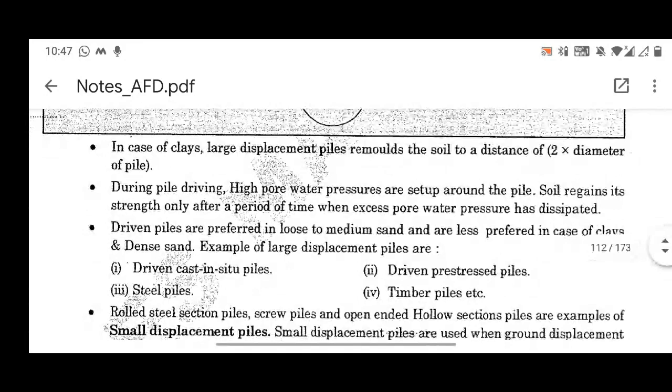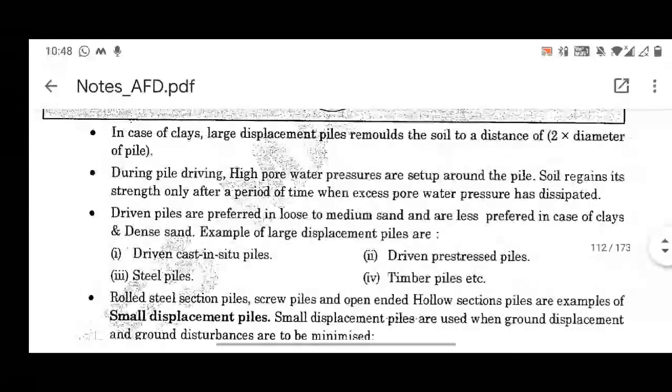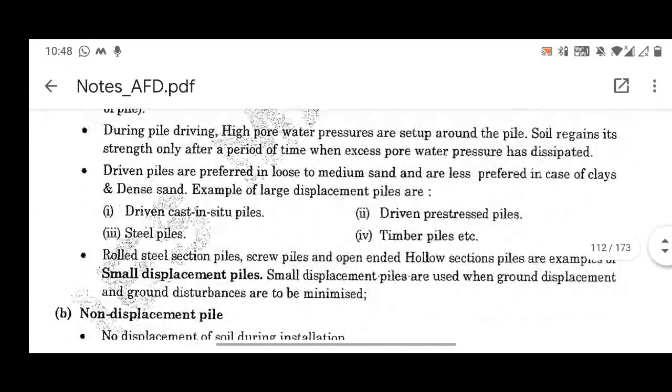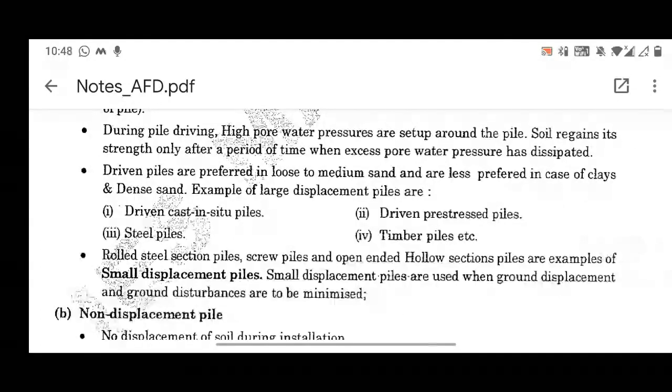Now, rolled steel section piles, screw piles, and open-ended hollow section piles are examples of small displacement piles. So, whatever we have learned so far in case of driven piles, basically these piles are high displacement piles or heavy displacement piles. But we have the small displacement piles also, where we have the hollow cross section so that it may not impact the soil that much.